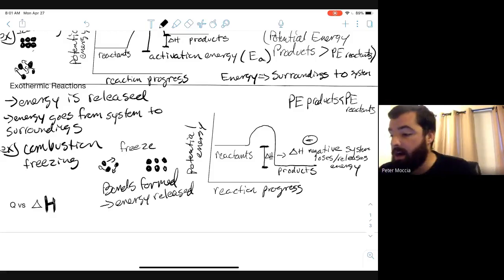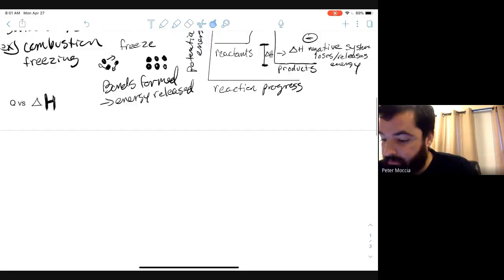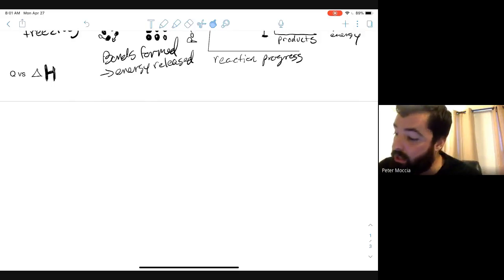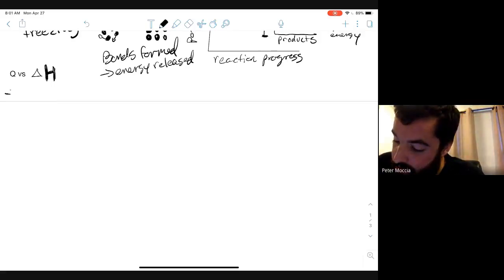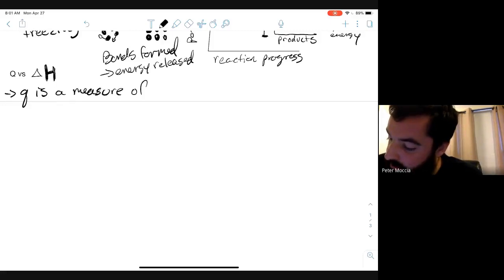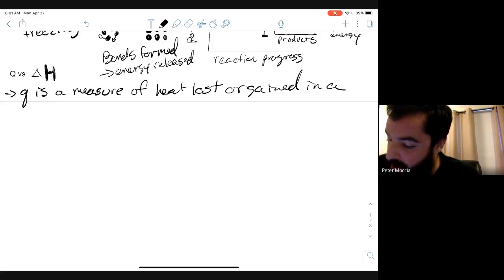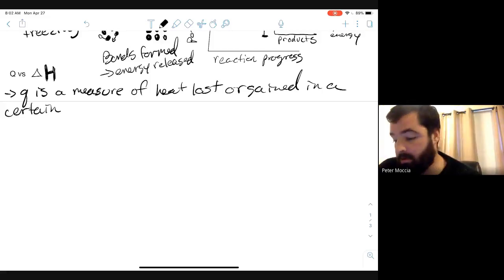Okay. Q versus delta H. Q is a measure of the heat lost or gained in a certain situation.